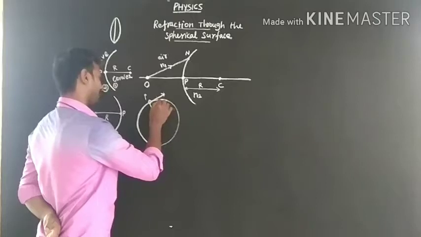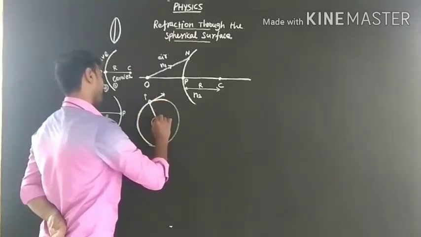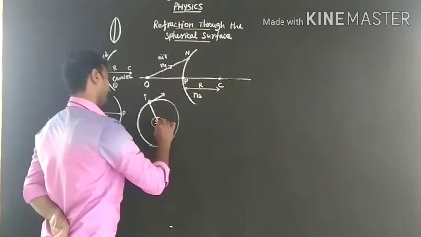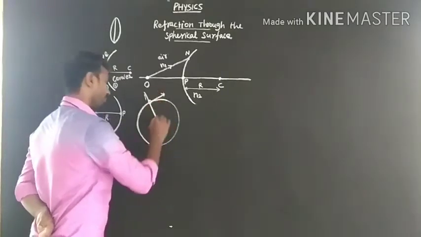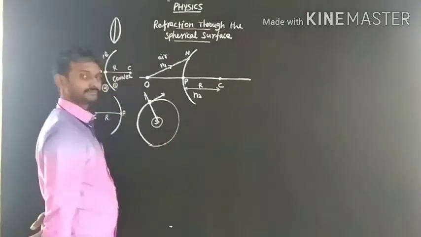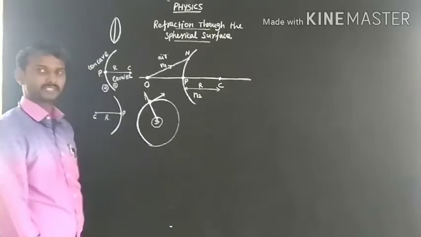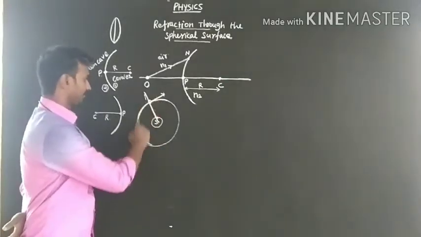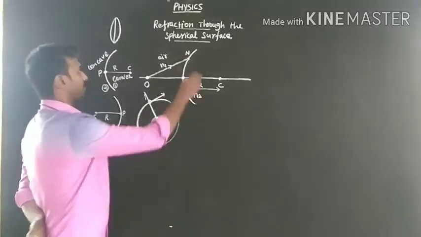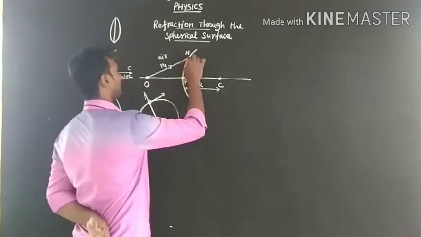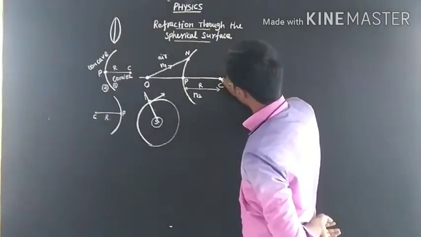So for any spherical or curved surface, the line drawn towards the center of the circle is the perpendicular line or the normal line to the curvature or the spherical surface. Similarly, for the spherical surface, the normal line passes through the center of curvature.